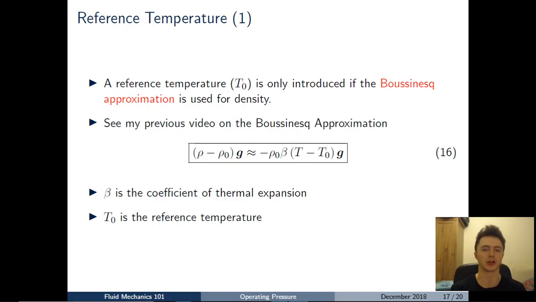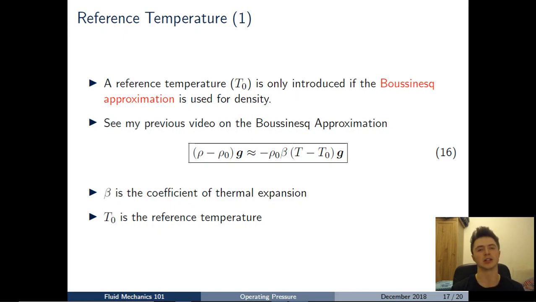It's not significant. And under these conditions, what we do is we use equation 16, where we approximate that buoyancy force term by this Boussinesq term, which has a coefficient of thermal expansion beta, and then the change in density, rho minus rho naught, is instead replaced by the change in temperature.